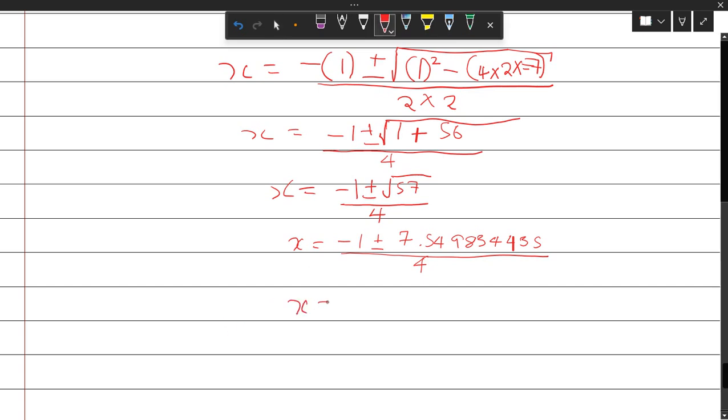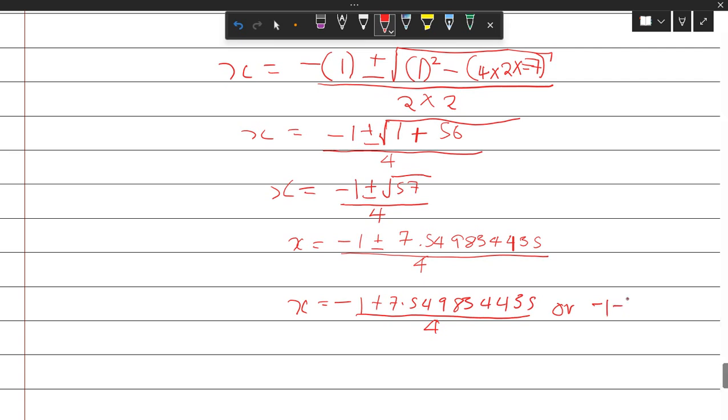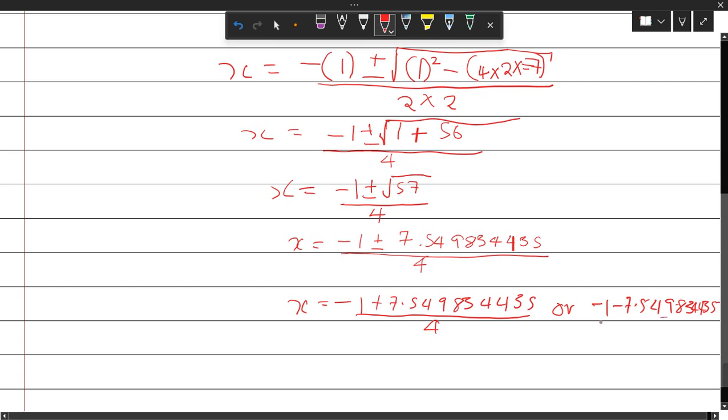So x equals -1 plus 7.54983445, which we divide by 4, or -1 minus 7.54983445, then the whole of it divided by 4.